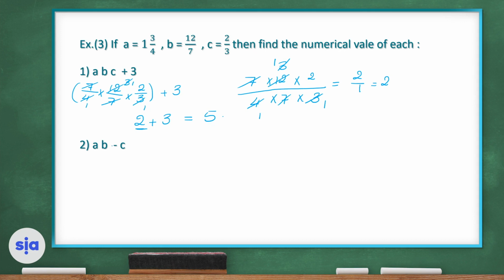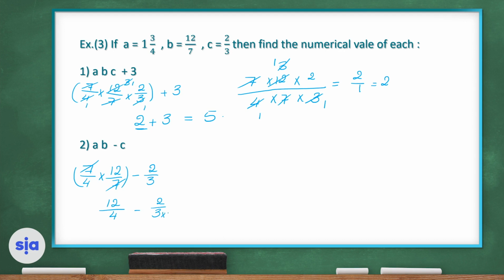Question 2, A, which is 7 over 4, multiplied by B, which is 12 over 7, and then we subtract C, which is 2 over 3. 7 over 7 are crossed out together, so it's 12 over 4 minus 2 over 3.